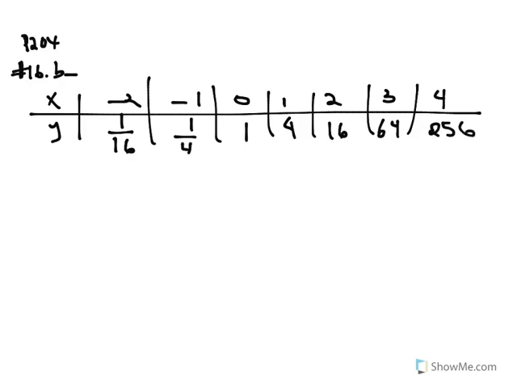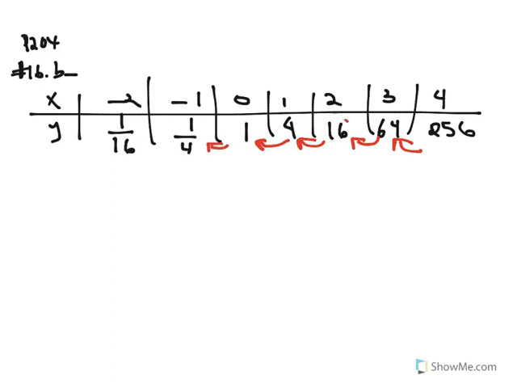Again, I'm going to check the easiest thing, which is if the difference of outputs corresponding to consecutive inputs is constant. In other words, I'm going to subtract these numbers and see if I get a constant number.